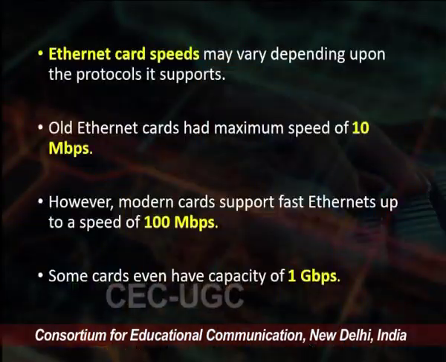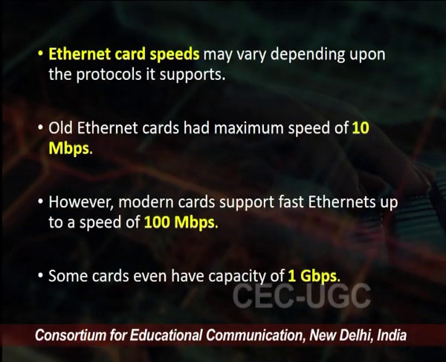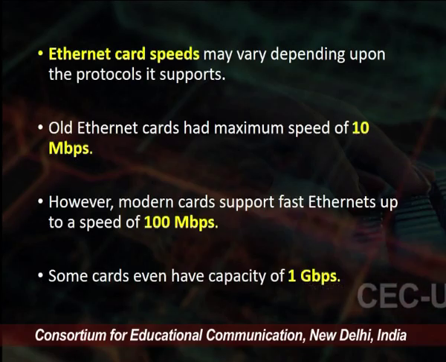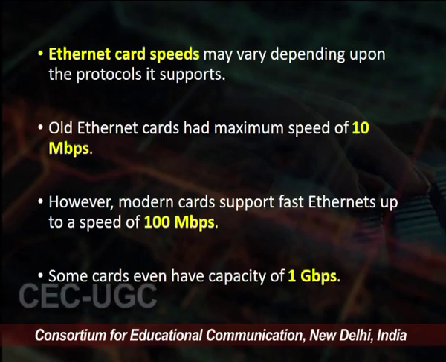Now, if we talk about the various speeds of these Ethernet cards, the speeds vary depending upon the protocol they support; Ethernet cards support different protocols. Old Ethernet cards had a maximum speed of 10 Mbps, which is much lesser than what we are getting now.